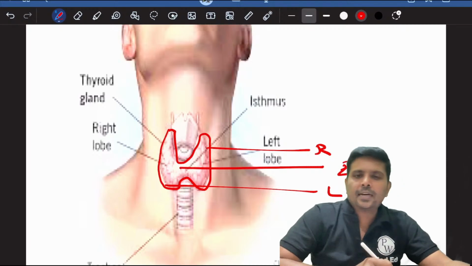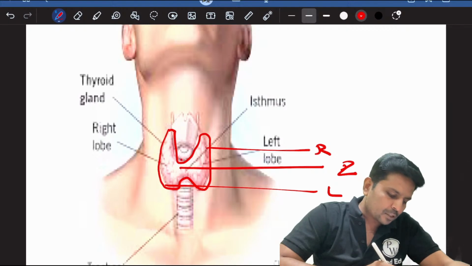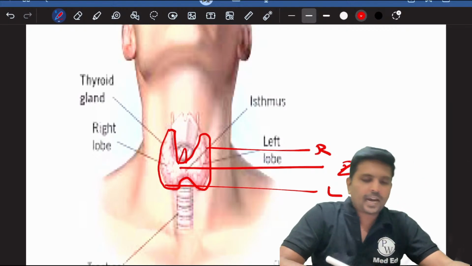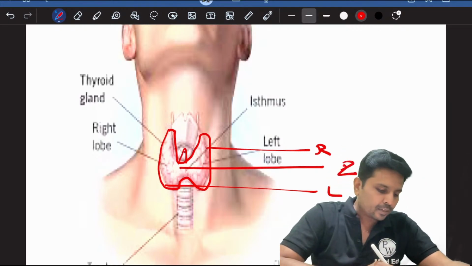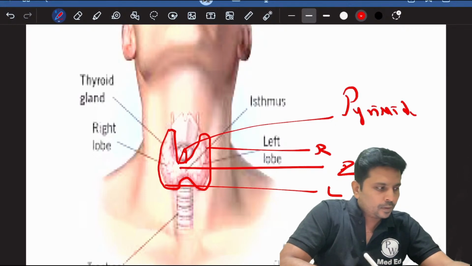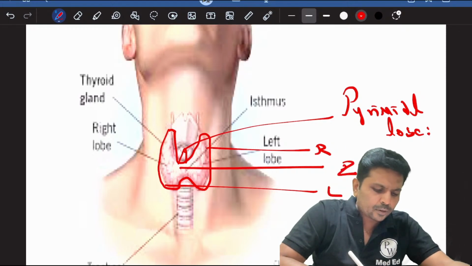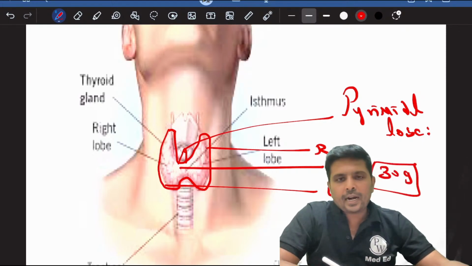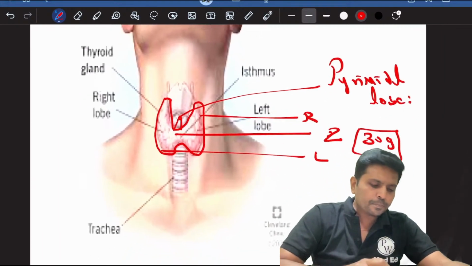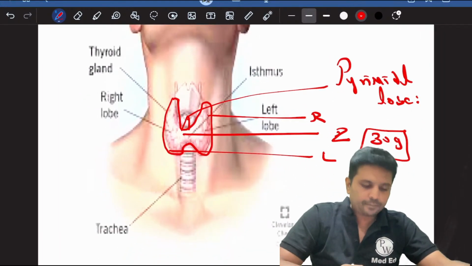Sometimes a small extension is present just above the isthmus, called the pyramidal lobe. Usually it weighs around 30 grams in an adult. So this is the simple anatomy of the thyroid gland.